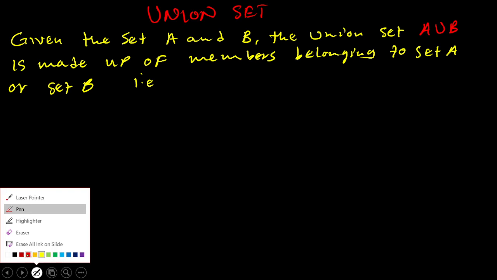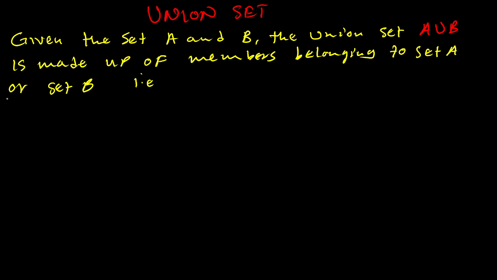When I use or, for us who went to the private school, I'm just sticking to members that are in set A or B, and each member should only appear once.